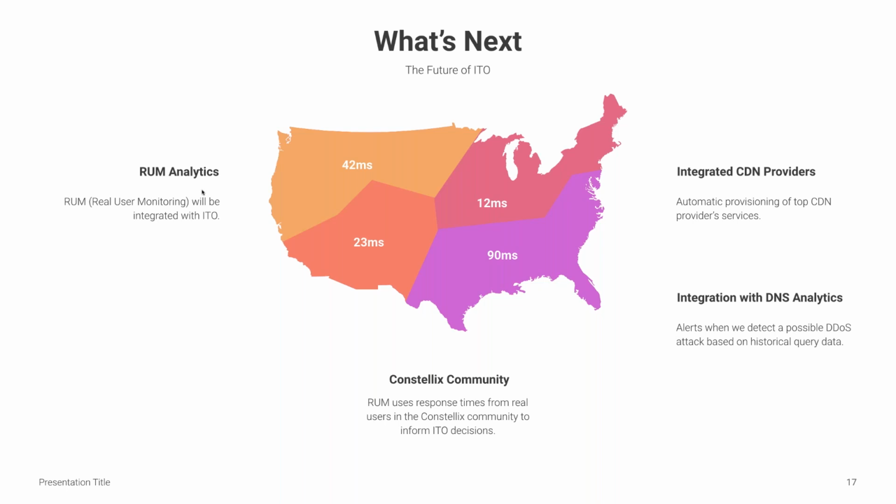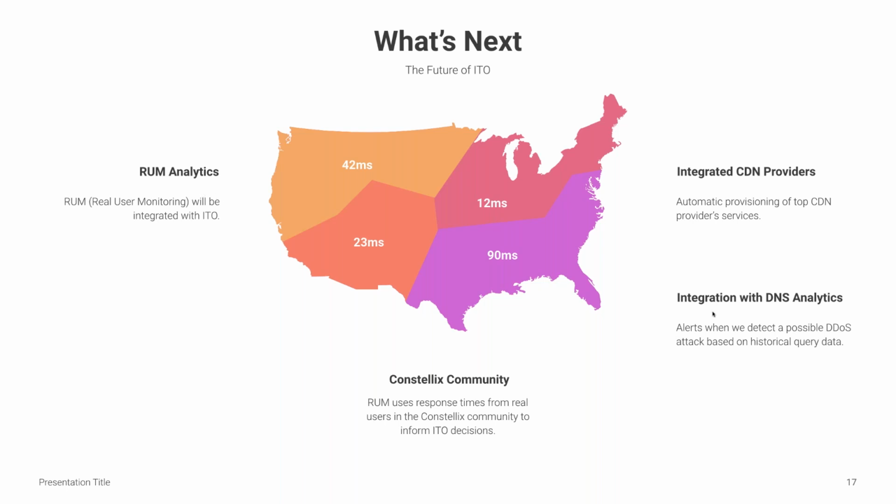And then we're going to use that data to say which CDNs are fastest for your users. So now you're saying on the East Coast United States, if you're coming from a Verizon cell phone, you want to use this CDN. If you're coming from a Verizon landline, you want to use this CDN. If you're coming from a T-Mobile cell phone, you want to use this CDN. So that's when we're putting in the RUM analytics. That should be coming out in the next couple months as well.